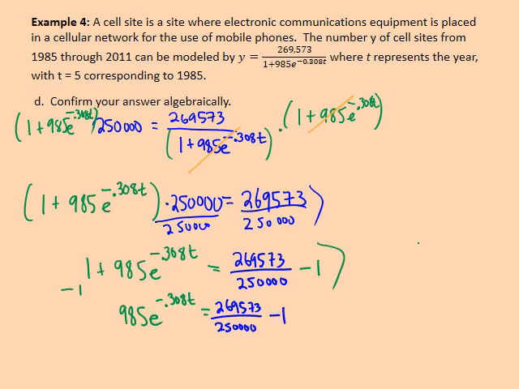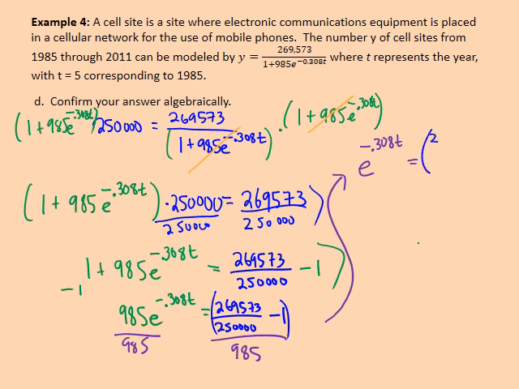Okay, now we need to divide this by 985. When we do that, we end up with e to the negative 0.308t equals this lovely large number.